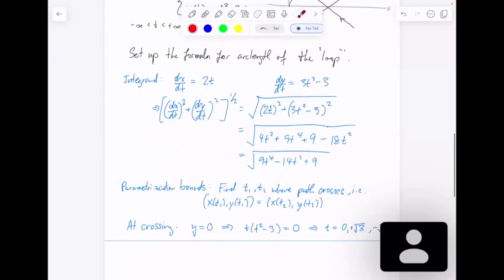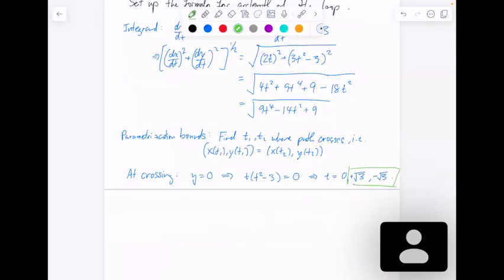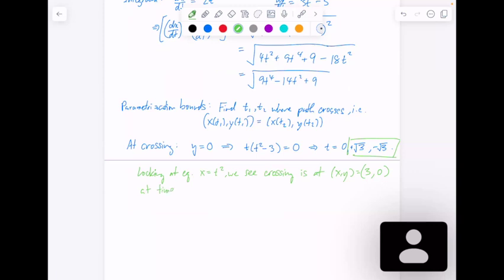So these two are going to be the valid times for your crossing point, right? So looking at the equation for x, we see the crossing is at the point (x, y) equal to (3, 0) at times t1 is minus root 3, t2 is equal to plus root 3.